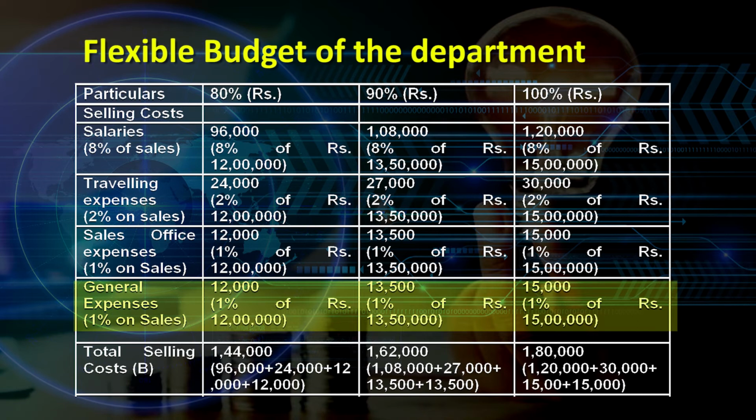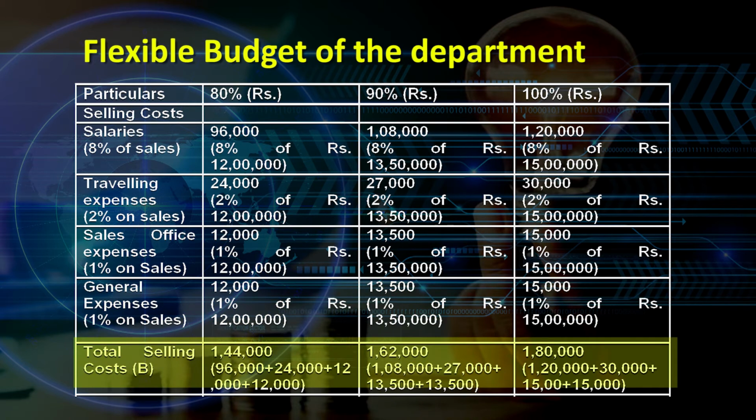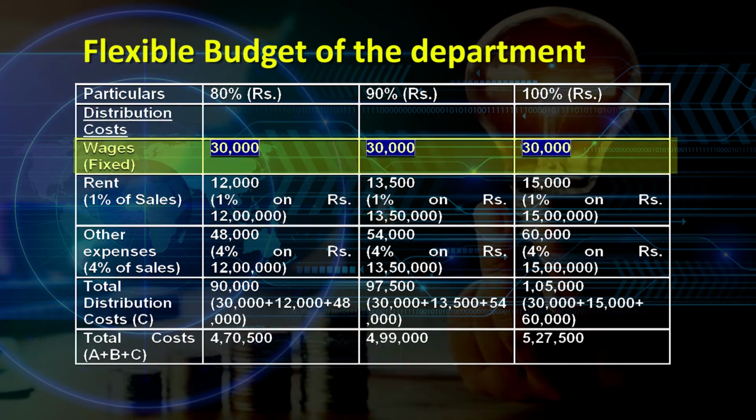So, this calculates to 12,000, 13,500 and 15,000 respectively on the basis of the sales. Let us total up only the selling costs now. The selling costs at 80% calculate to 1,44,000 rupees, at 90% rupees 1,62,000 rupees and at 100% rupees 1,80,000 rupees.